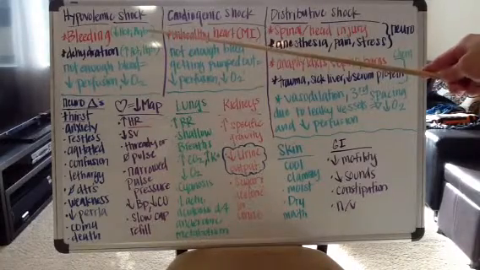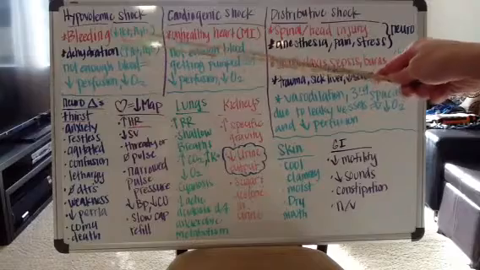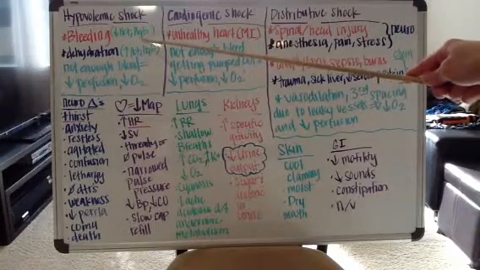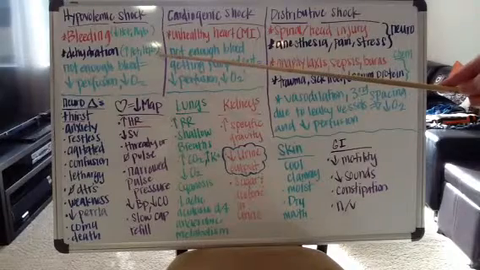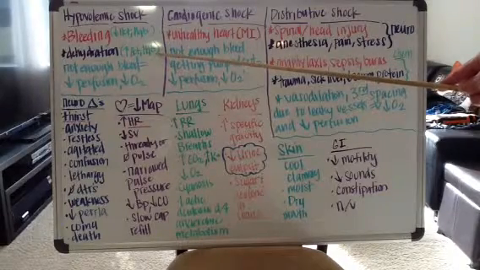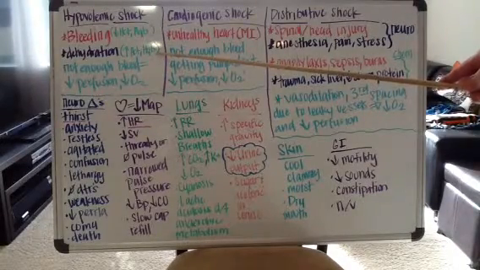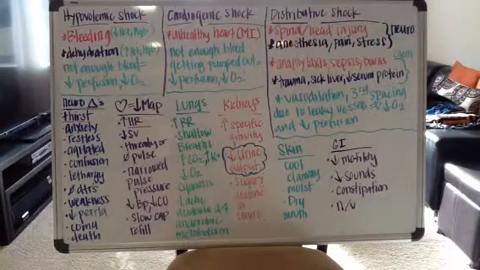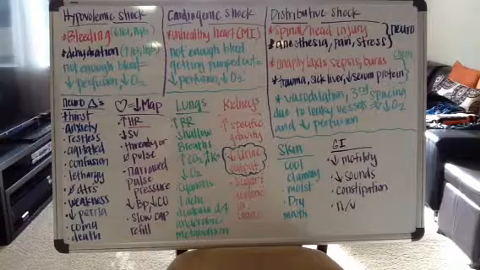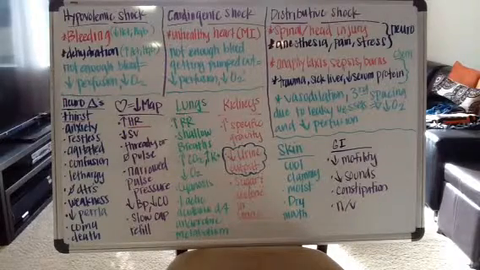And with these patients, they're losing blood, so you're going to see the hematocrit and the hemoglobin numbers go down. And then there's also the dehydration cause. So dehydration, these are your patients with severe nausea and vomiting. They have massive diarrhea, heavy diaphoresis. They might be on Lasix, some sort of diuretic therapy.